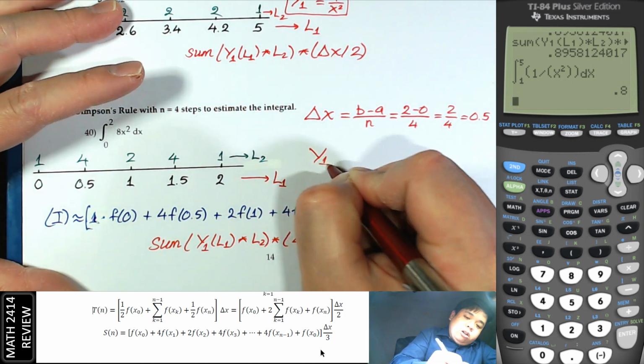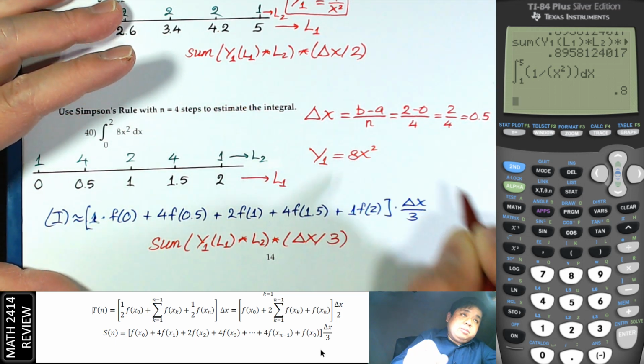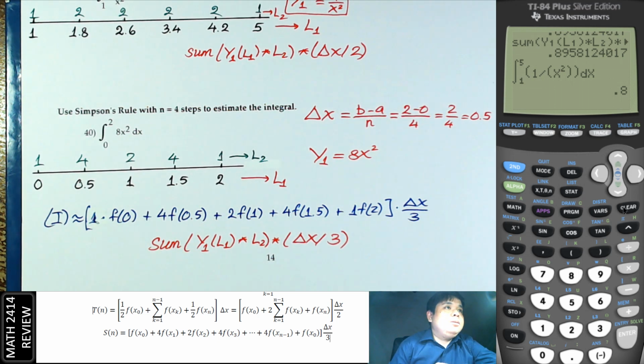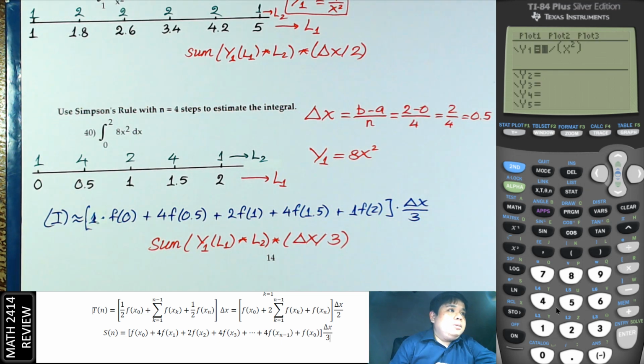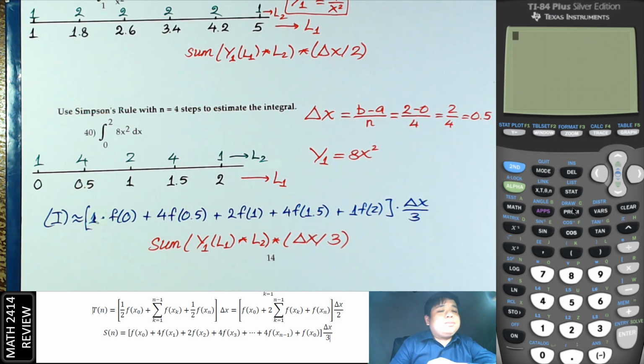Make sure the function is x squared. I should just hit clear from the beginning. X squared, sorry. Right, quick, start the function.